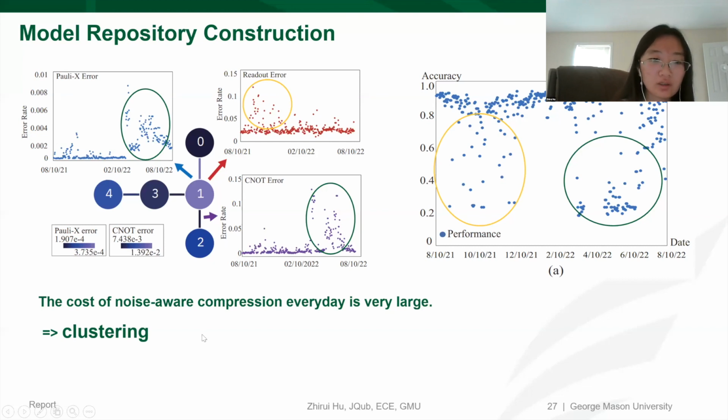And the cost of noise-aware training compression every day is very large. So I think we can do some clustering to use one or several points to represent the circle.